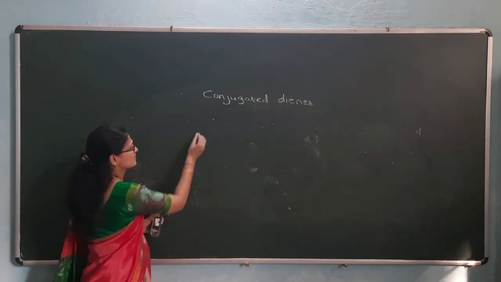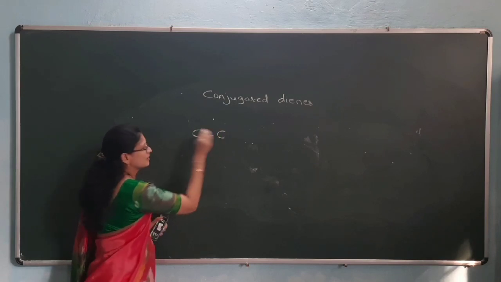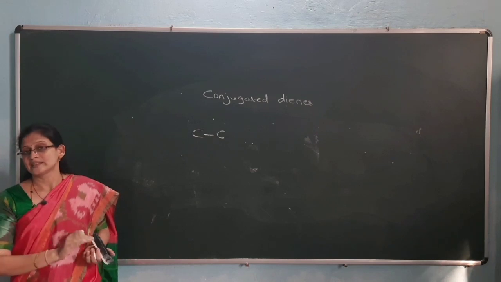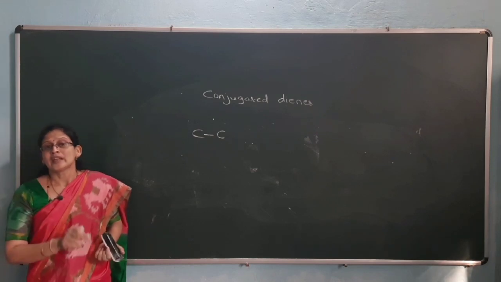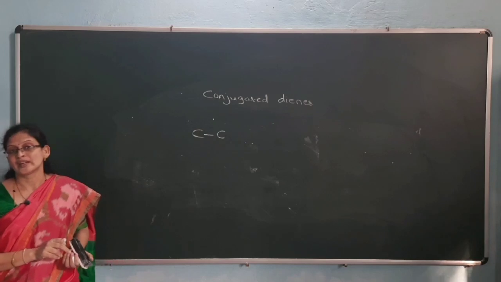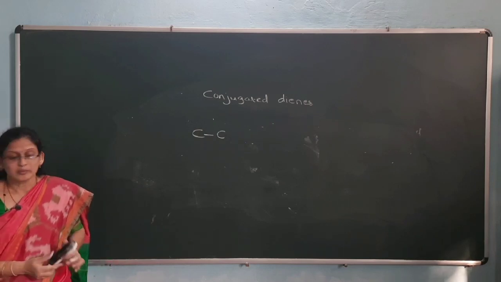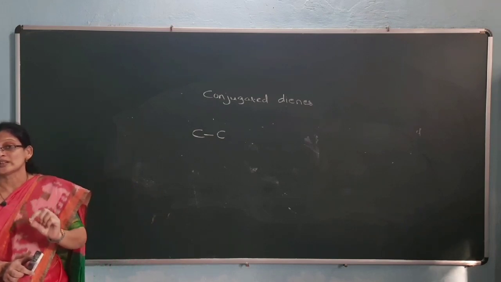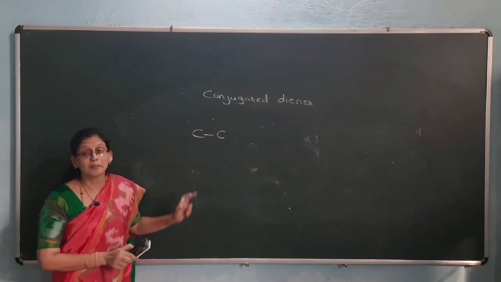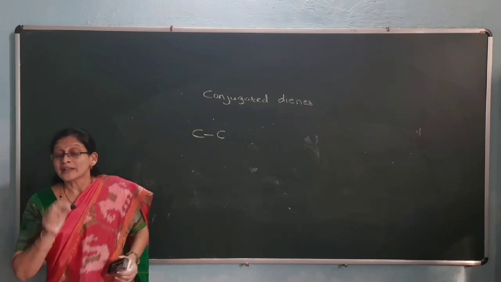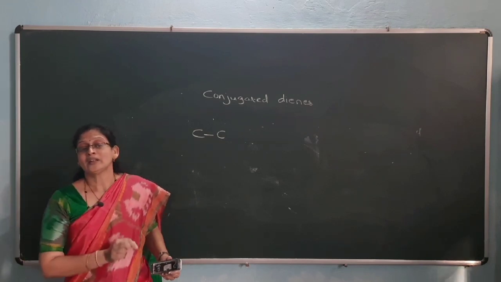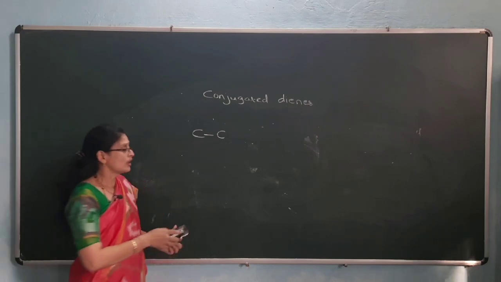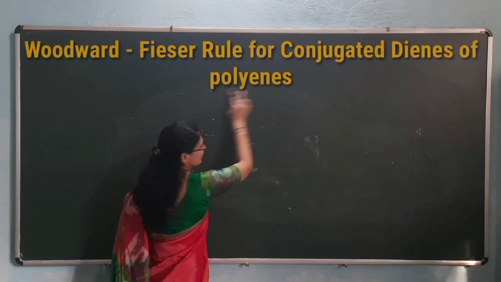It is a carbon-carbon single bond which is not a part of the conjugated system but is attached to any carbon atom of the conjugated polyene. Remember, this is very important: it should not be a part of the conjugated system but it is attached to any one carbon of the conjugated system. Clear? Now we will move to the Woodward-Fieser rule.